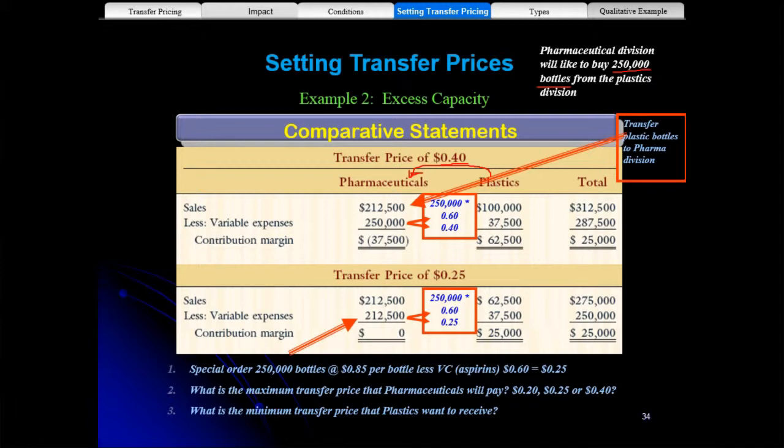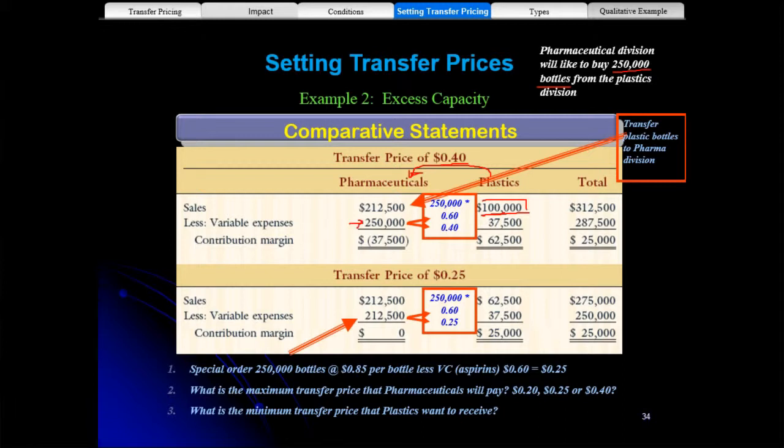All right, so what happens here? Plastics division at 40 cents is going to make a sale. How many bottles? 250,000 times 40 cents, that's $100,000. So the $100,000 of sales of plastics division goes into some of the expenses of pharmaceuticals.